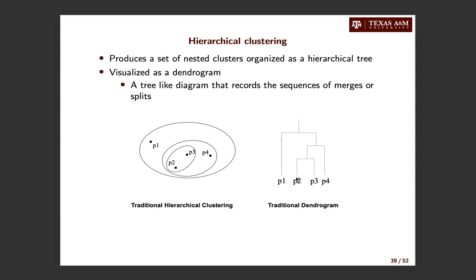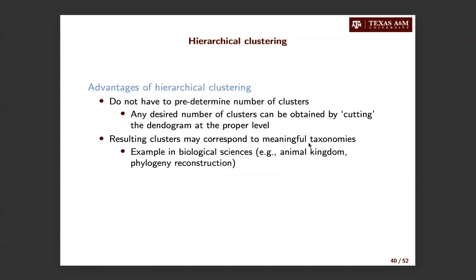So this means that samples P2 and P3 are first clustered together. Then this smaller cluster is clustered with sample P4, as denoted in this part of the dendrogram. And then finally, P1 is clustered as the last sample.